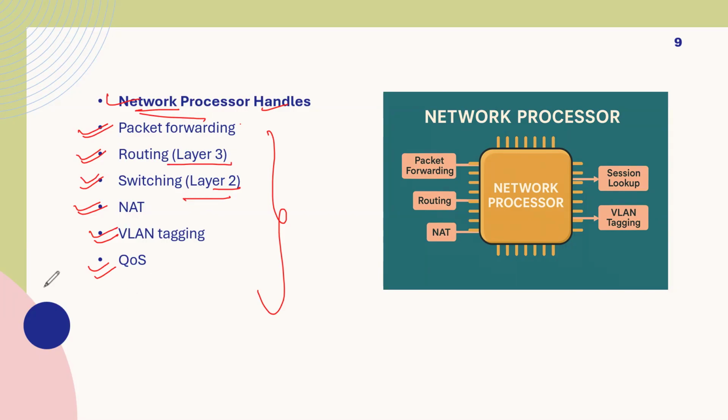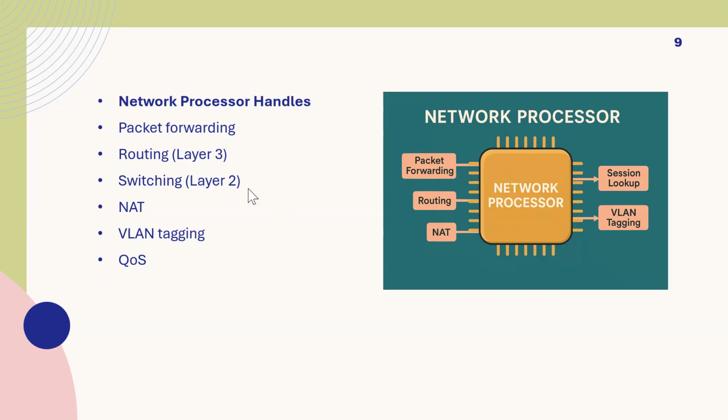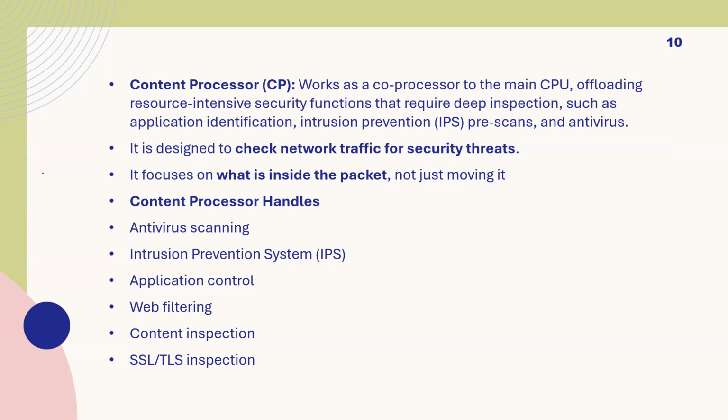Whereas in the content processor, what will you find? The content processor works as a co-processor to the main CPU. We have a main CPU and it is helping it, offloading the resource-intensive security functions that require deep inspection.